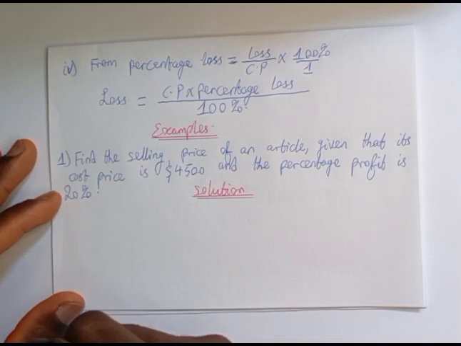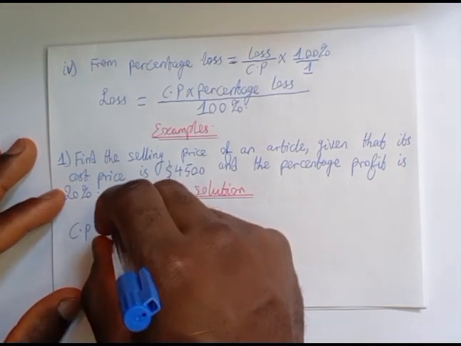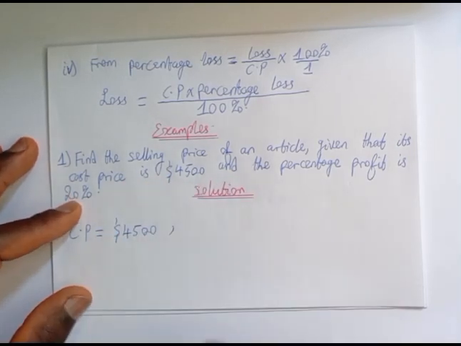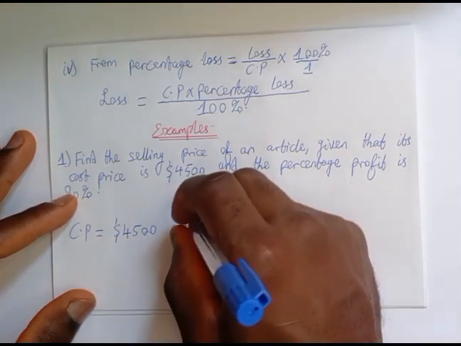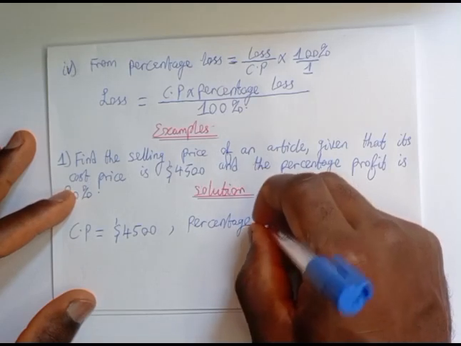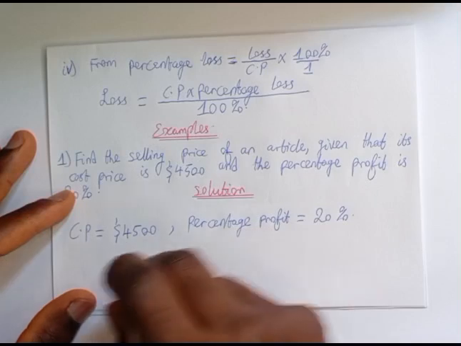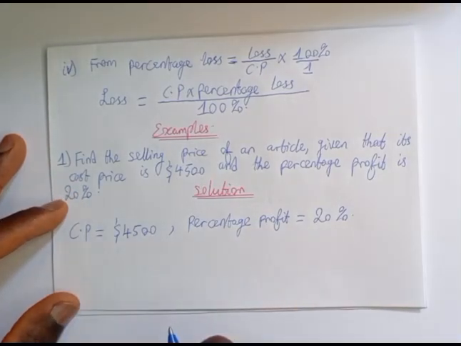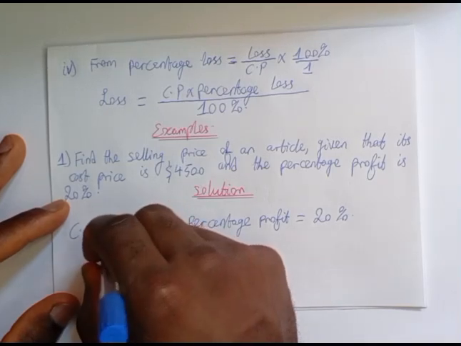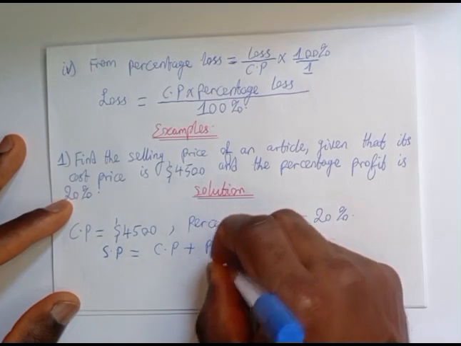We have been given the cost price of the article as $4,500. We have been given the percentage profit as 20%. We are required to find the selling price. We know selling price is equal to the cost price plus profit.